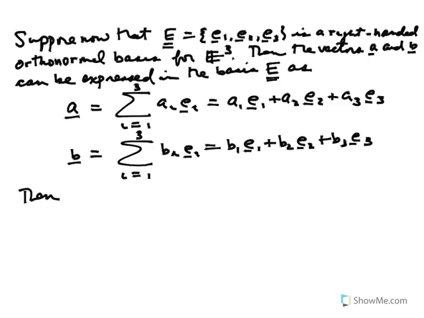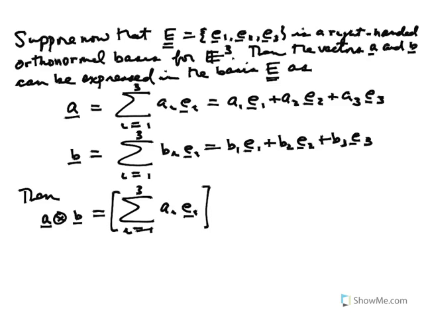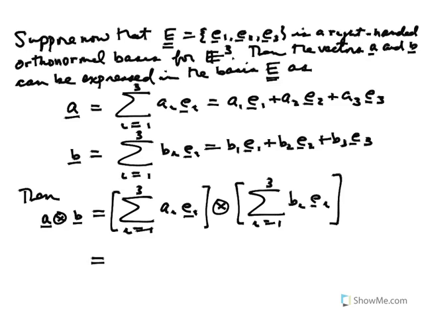So the tensor product between A and B is going to equal the sum from I equals 1 to 3 of AI EI, and then the tensor product with the sum from I equals 1 to 3 of BI EI. If we go through all the tensor products, we wind up with the following.